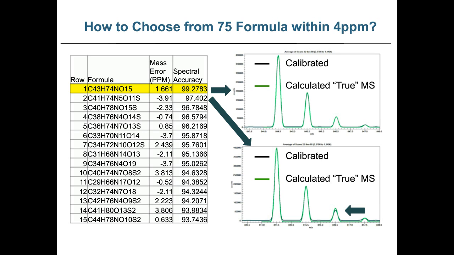And again, if we look at the second hit, you can see a A+2. There is some significant deviation in the pattern. So we're really using this isotope pattern calibration, spectral accuracy, as a fingerprint, because each formula is going to have not only a unique mass position, but it's going to have a unique isotope fingerprint. And we can use that information now very accurately.